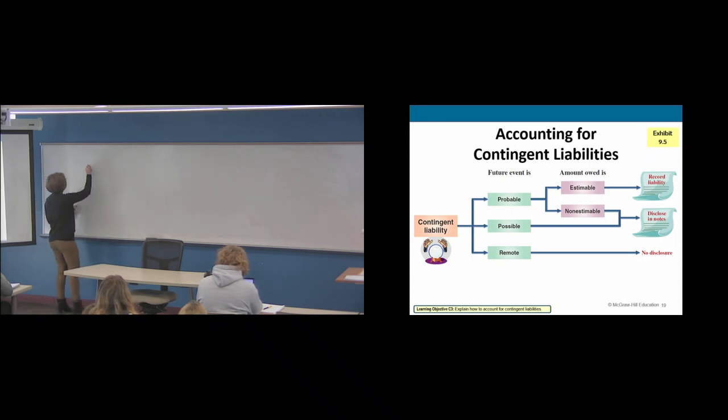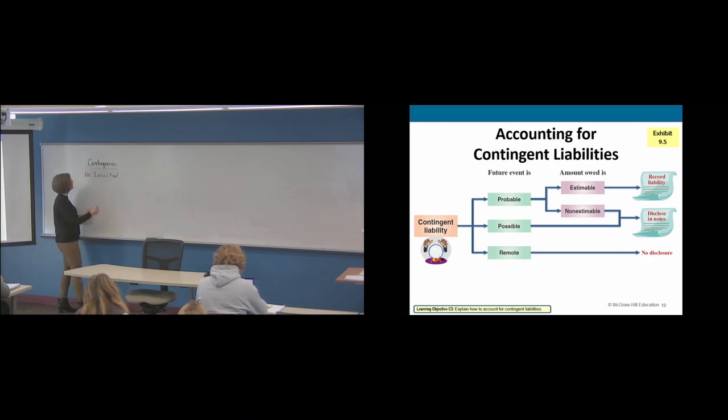Usually we debit some, that's not working. I did bring another marker though. Whenever we have these contingencies, there are various journal entries, but for these contingencies, the general entry looks like this: a debit to some loss account, and a loss account is like an expense, okay?